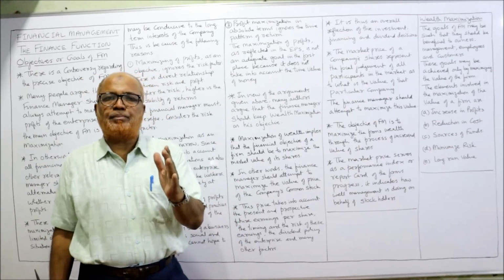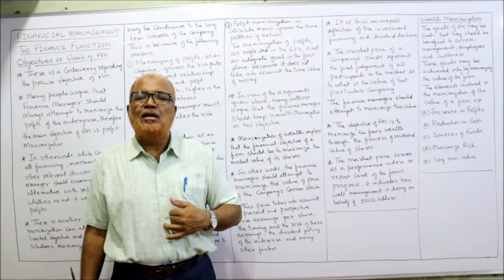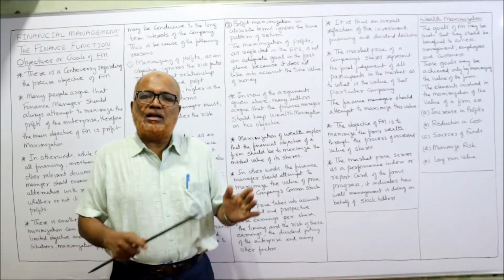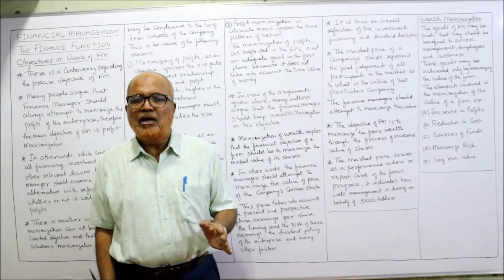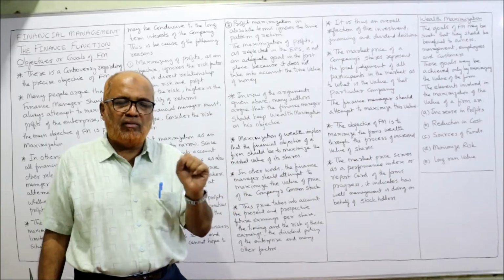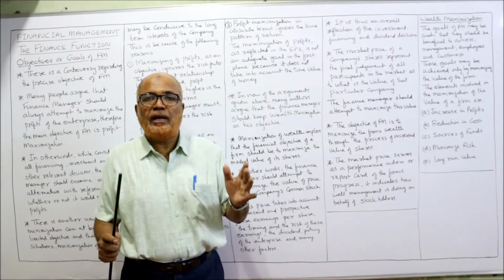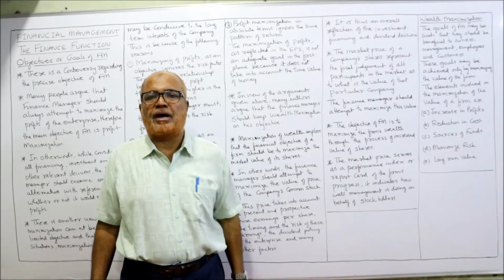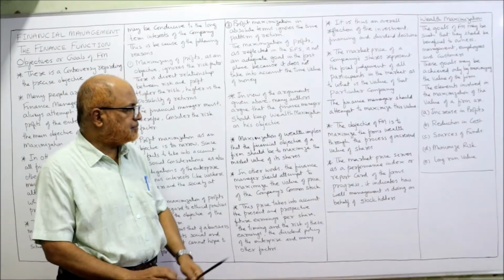So for every step, whatever activity the finance manager is taking, the finance manager has to see what is the effect of this decision on market price. If we take a decision on investment, or on financing, what will happen to the market price of share? That should be seen by the finance manager.